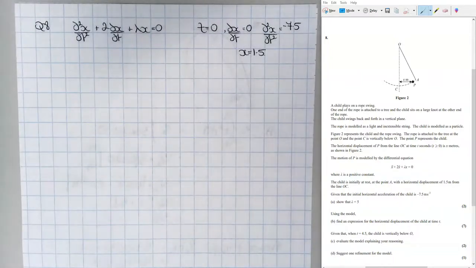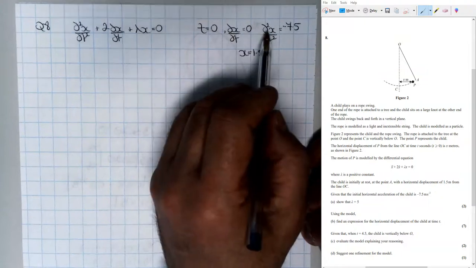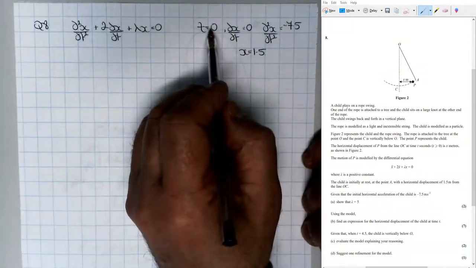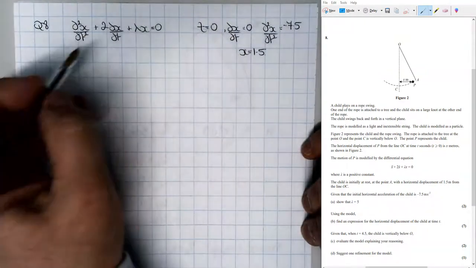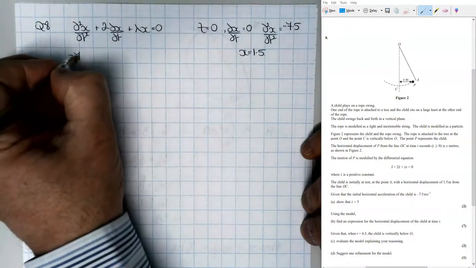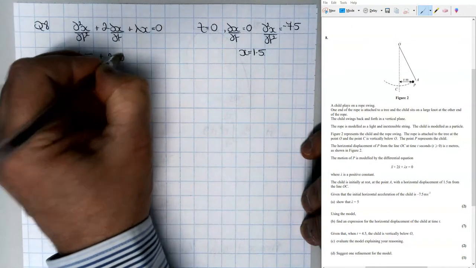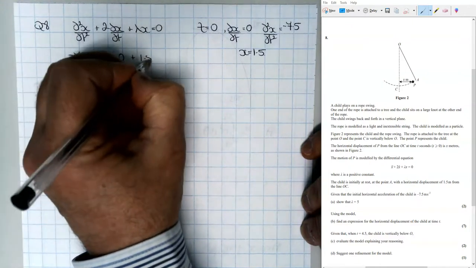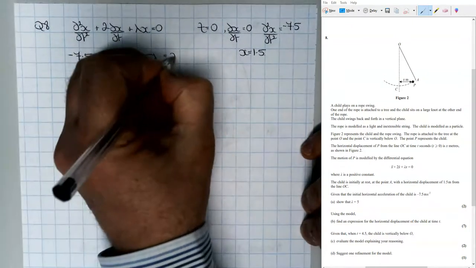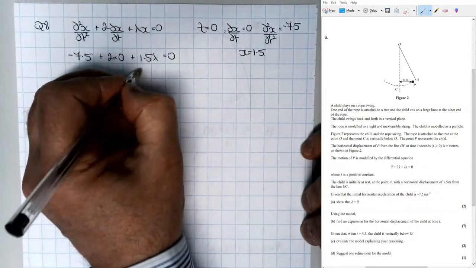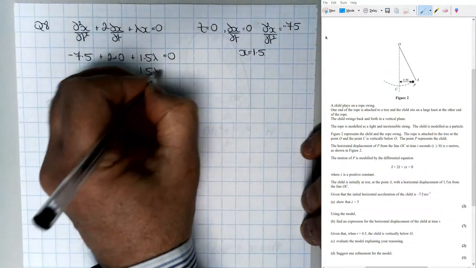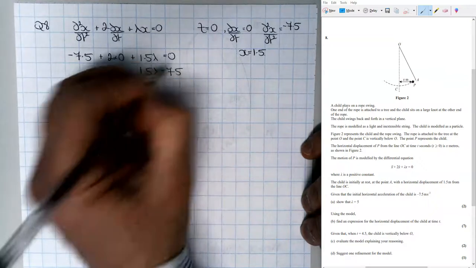Okay, question number 8. We've got a second order differential equation, and we're asked to find the value of lambda. Unusually, we've got dx by dt, d2x by dt2, and x for a particular value of t. So we just plug those in. We get minus 7.5 plus 2 times 0 plus 1.5 lambda equals 0, and then 1.5 lambda equals 7.5.